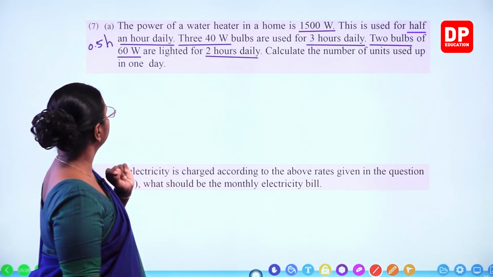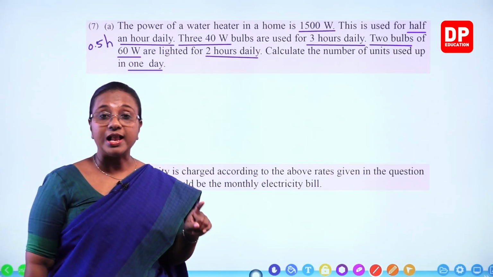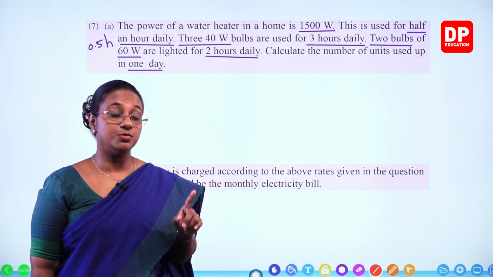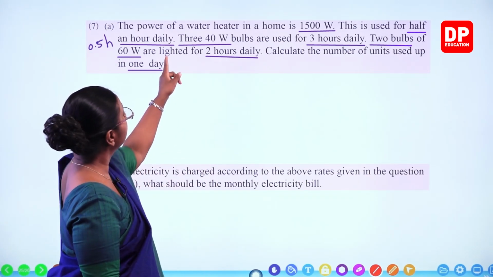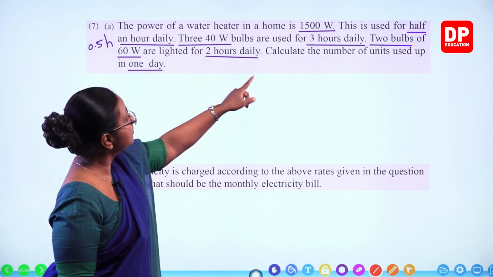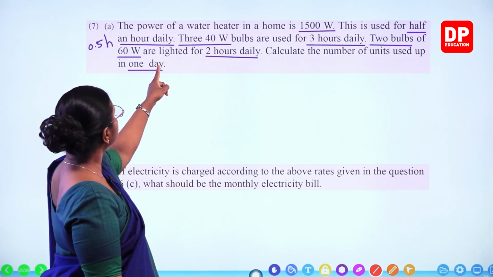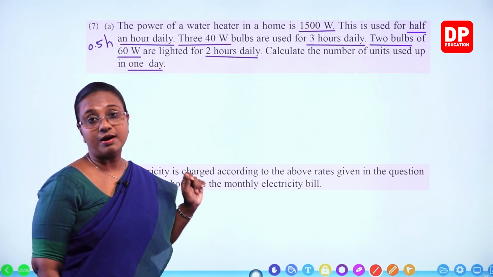Calculate the number of units used up in 1 day. So you have to calculate the number of units used up in only 1 day. In 1 day, the water heater 1500 watts, three 40 watt bulbs for 3 hours, and 2 bulbs of 60 watts for 2 hours.